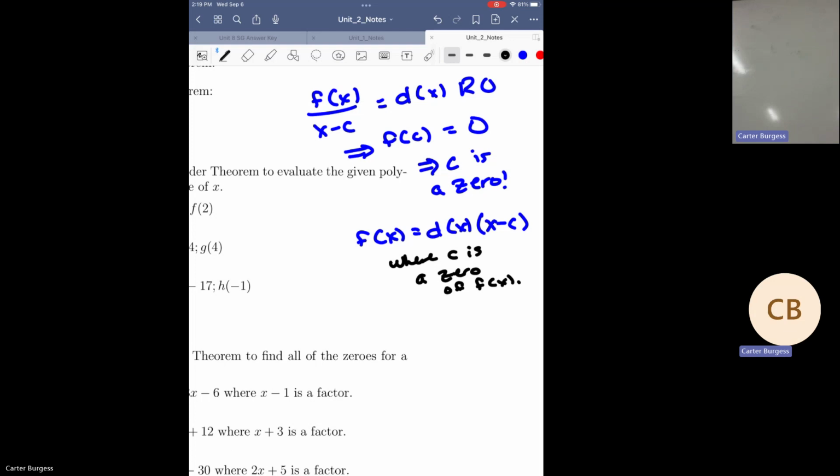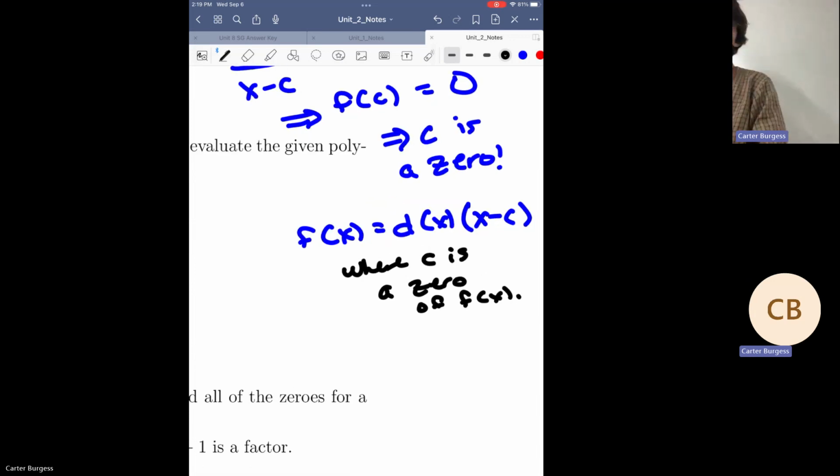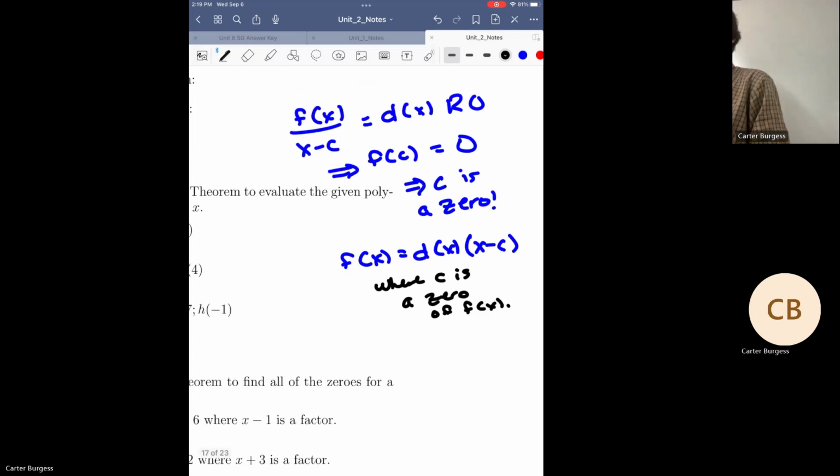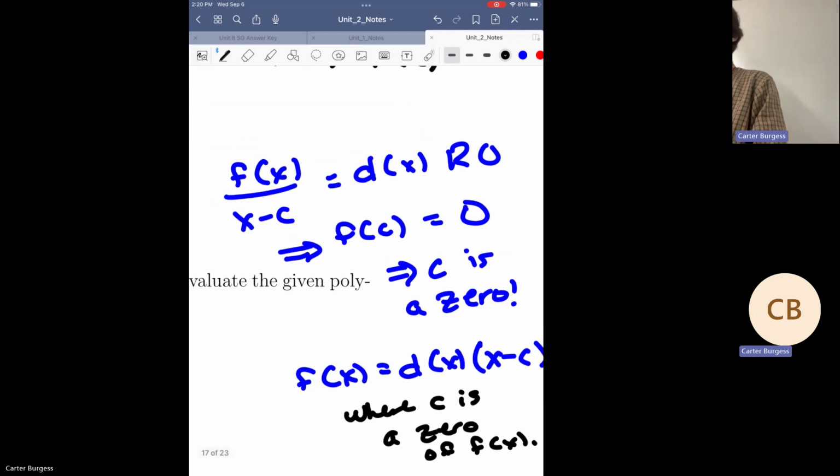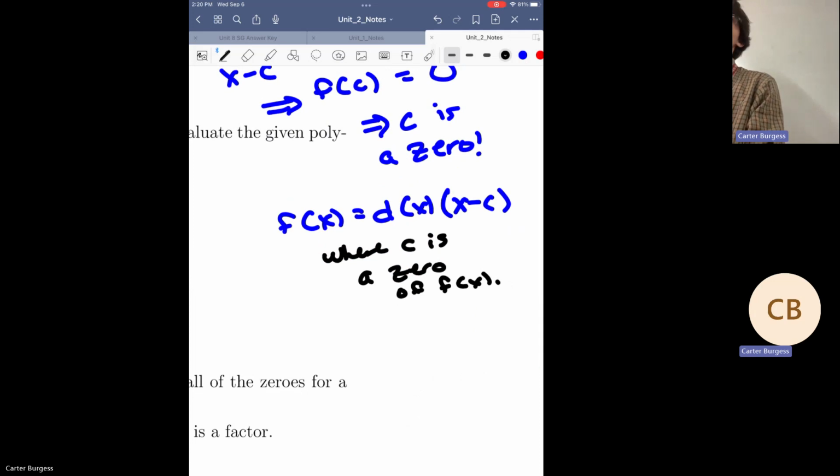So if we divide by an x minus c and get a remainder of zero, then it's a factor. And also, if our equation can be written in this way, then it goes backwards as well. Think of this as the context. This tells you what d of x actually is. This kind of implies the whole remainder of zero thing. And this is the overall conclusion, which is that we can write our function as a polynomial times that zero that we just found.